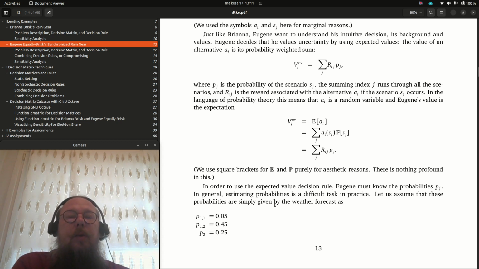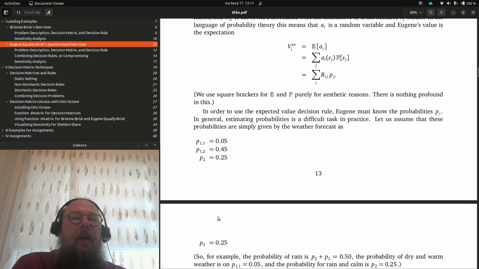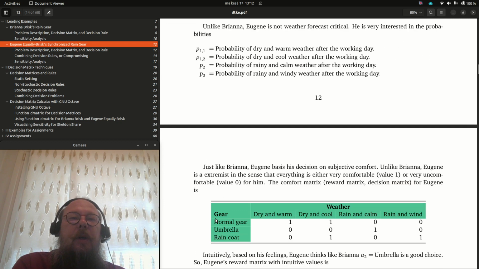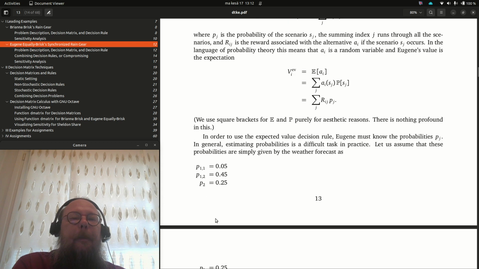Here we just assume that they are given by the weather forecast, simply that P11 is 5%, so this is warm and dry, then cool and dry P12 is 45%, rain and calm 25%, and 25% also for the last choice, which was rain and wind.